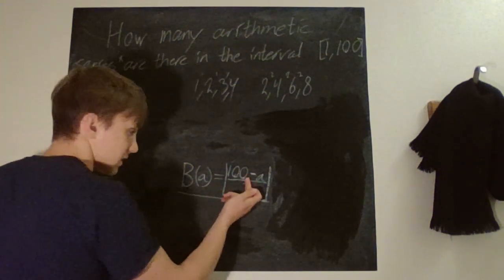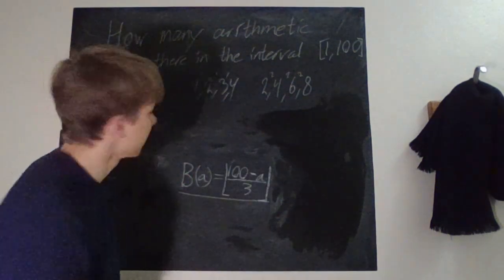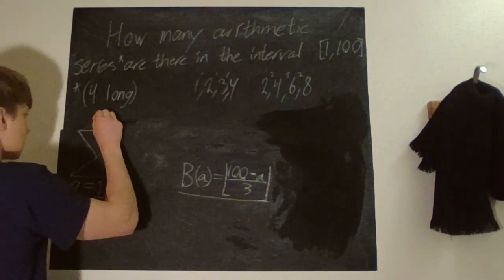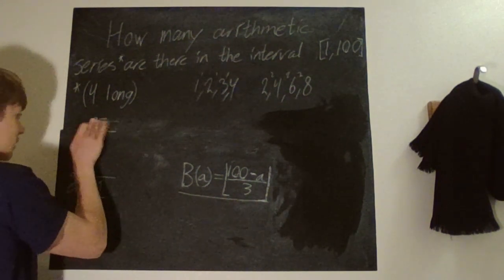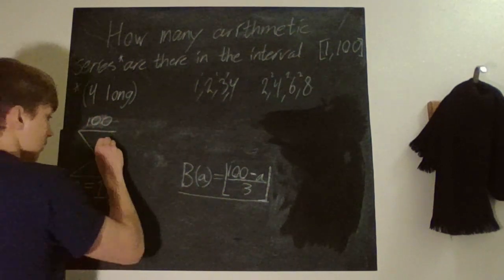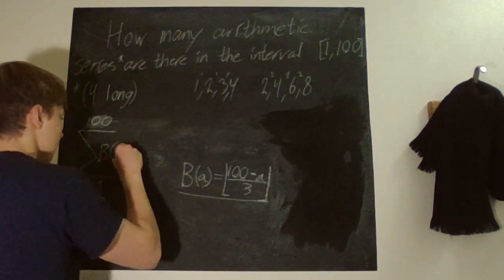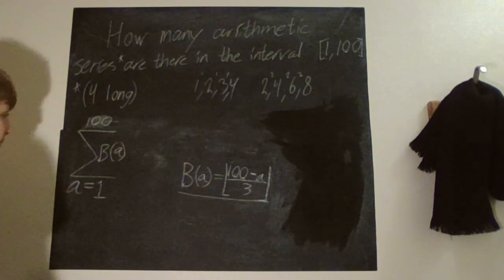It would just mean the last three terms would just be 0. We might as well put a 97 over here. No, I'll put a 100. And then b of a.